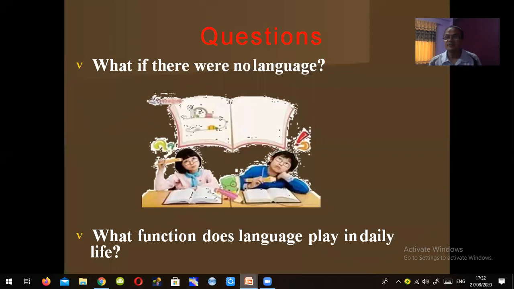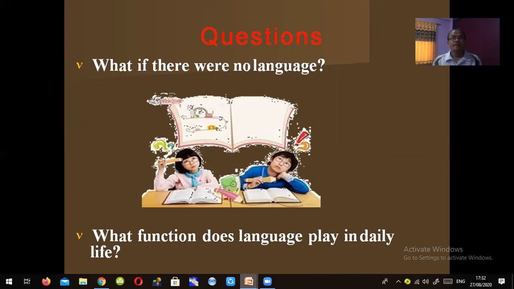They can only talk about a few things, not many more. You can imagine, what if there were no languages? Would you communicate your feelings, your ideas? Could we meet in this way virtually or some other way? So let's talk.